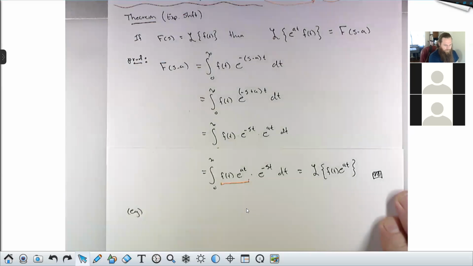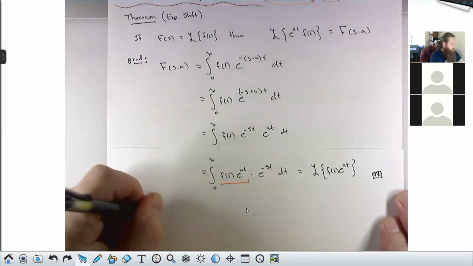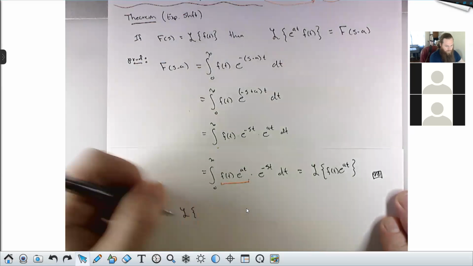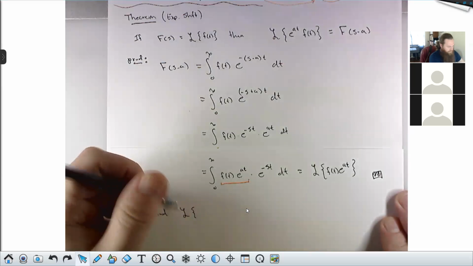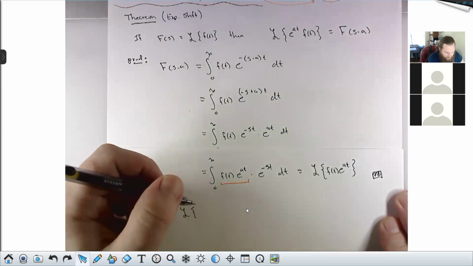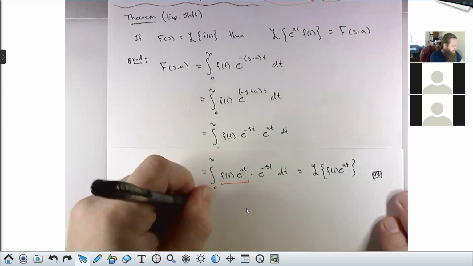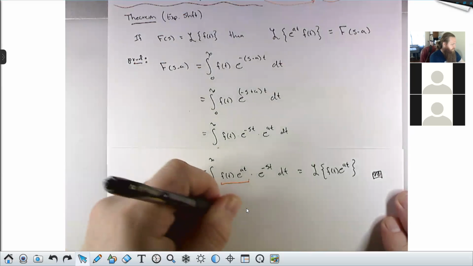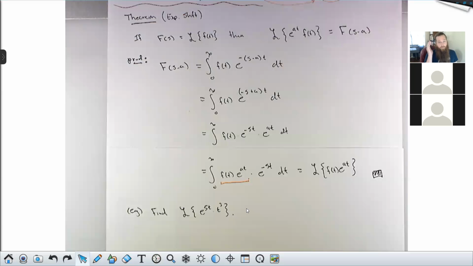So if I want to find the Laplace transform of, say, e to the 5t times t cubed, certainly one way I could approach this is to just write down the definition of this Laplace transform.